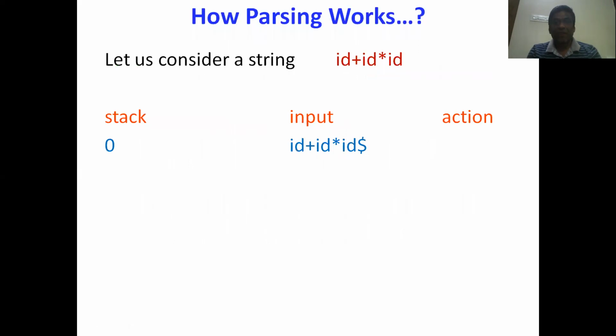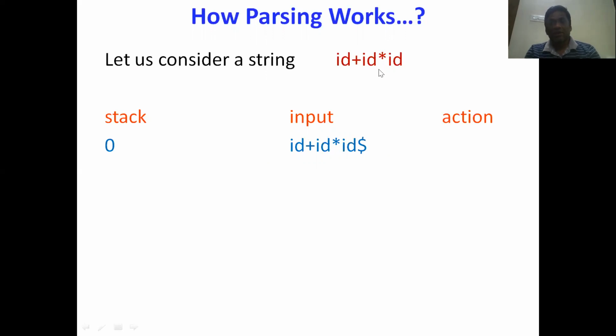Okay, I'm not solving the example now. I'm leaving it to you. All of you try to do this example. I have explained one example in our previous lecture. So just refer back to that and try to parse this string. ID plus ID star ID is the string I am trying to parse.